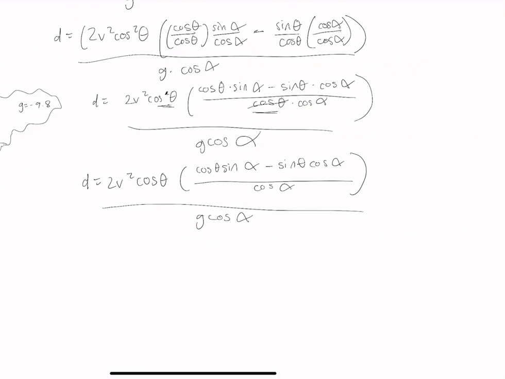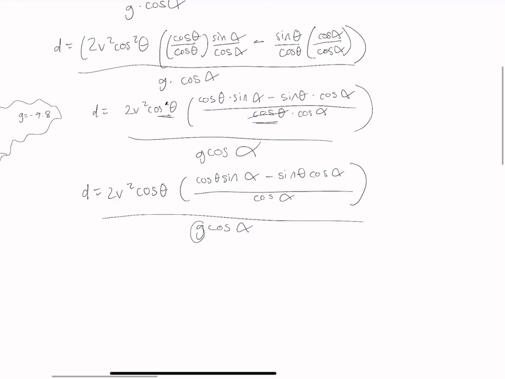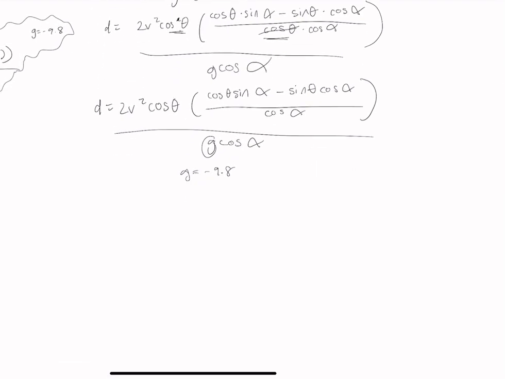Okay, so now that we've simplified the cosines of theta, we can take out this negative in the g, because remember that g equals negative 9.8 technically, but since d is positive, we want to just take out this negative. We can take it out from the top and apply it here.